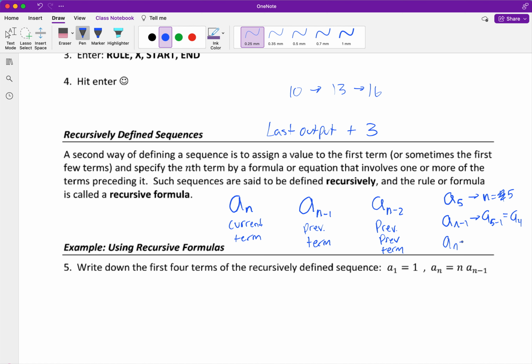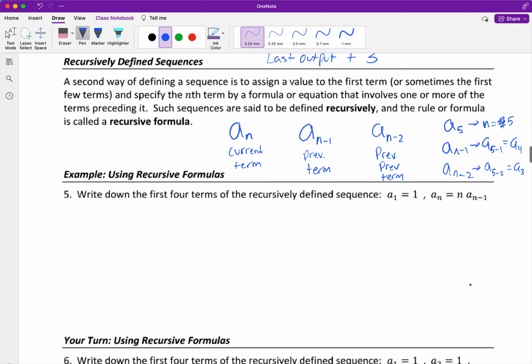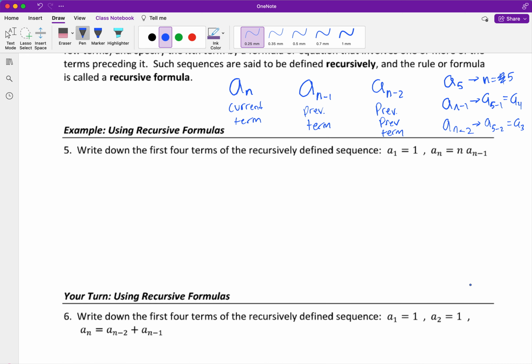And if I do a sub n minus 2, I don't know why I wrote it so high, my bad, it's still in the subscript, that would be like doing A5 minus 2, which would be A3. So if I'm on A5, the previous term was A4, and the term before that was A3, and I'm basically just taking n and subtracting 1 or subtracting 2. Some people have a little bit of trouble with this, so it's okay if you're a little confused at first.